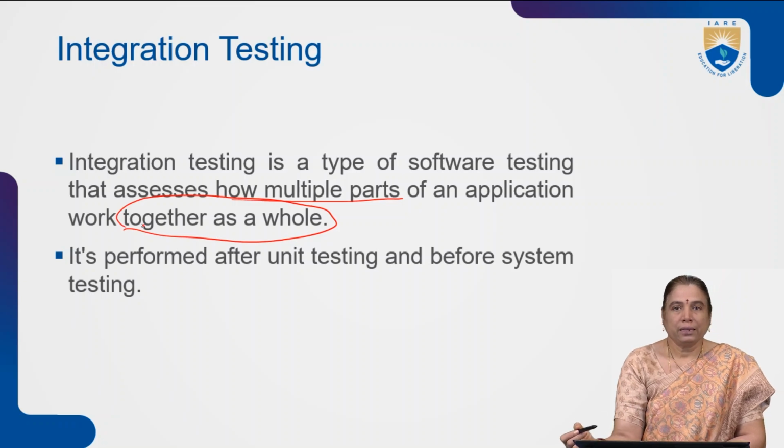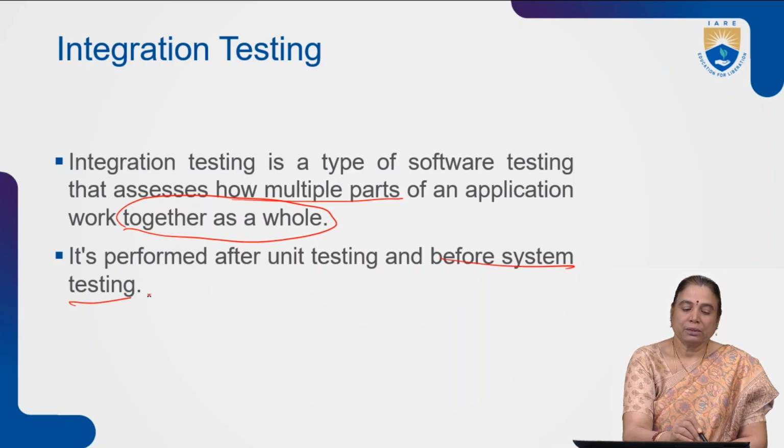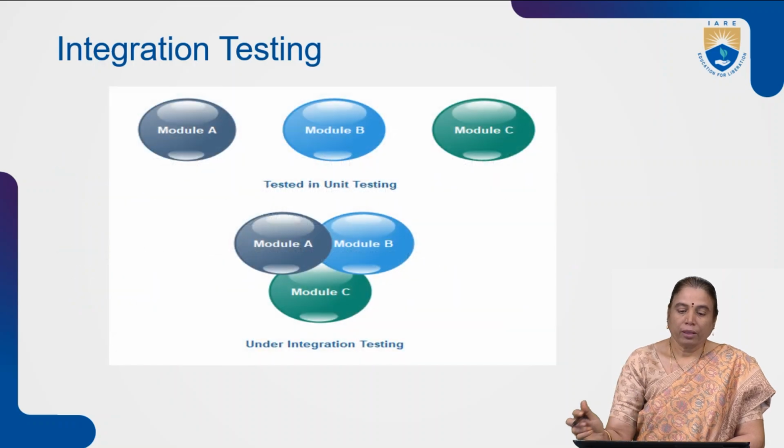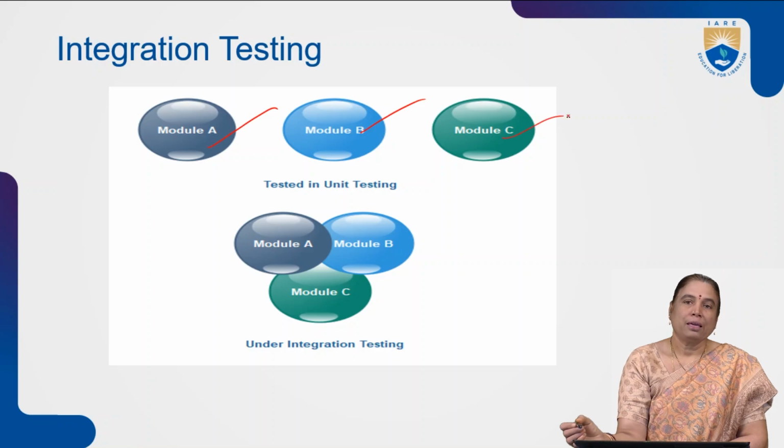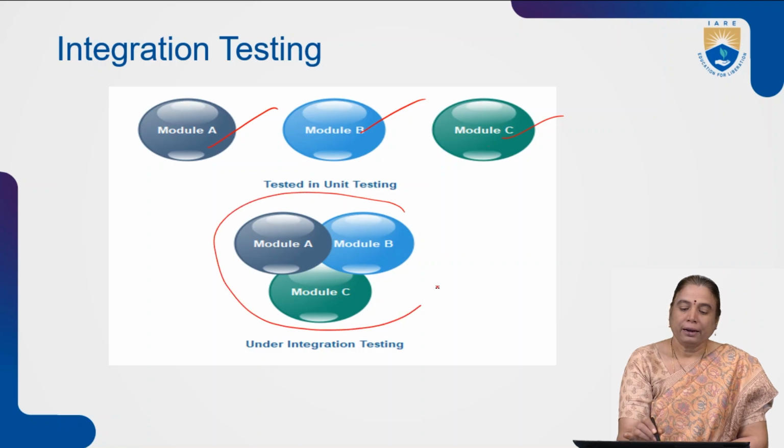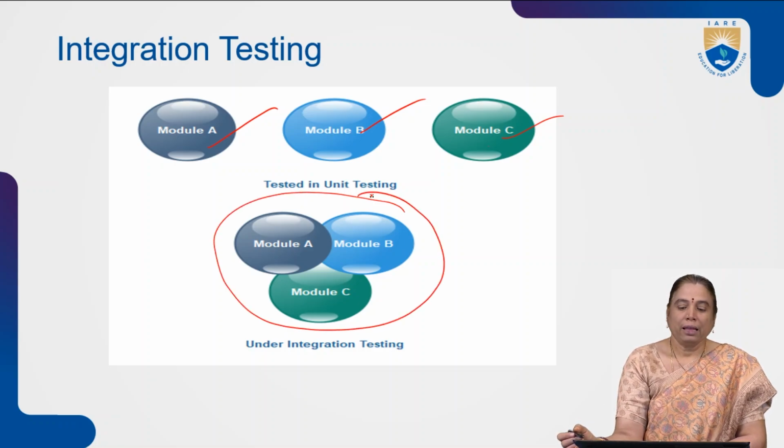During this integration, the interfaces between the units and the data sharing problems that occur in the integration of the independent units come into the picture. It is performed after unit testing and before system testing. Here the individual units, module A, module B, module C, are tested with the help of unit testing. Then they are integrated and, as a whole, we can perform integration testing.